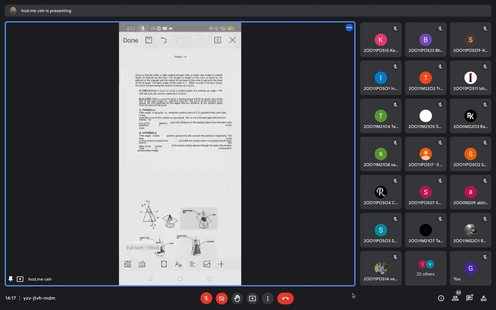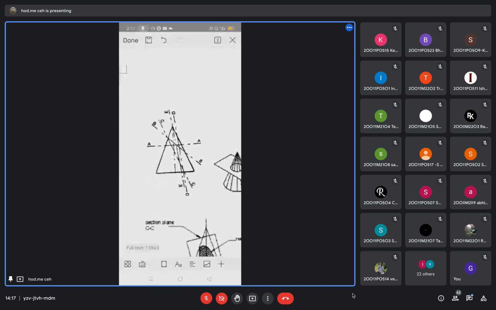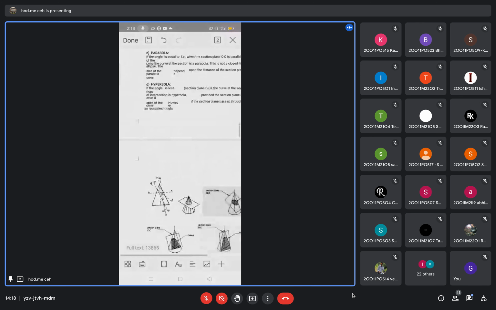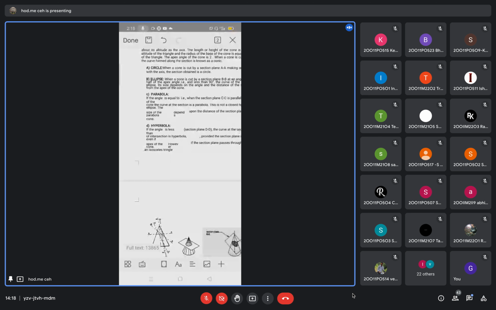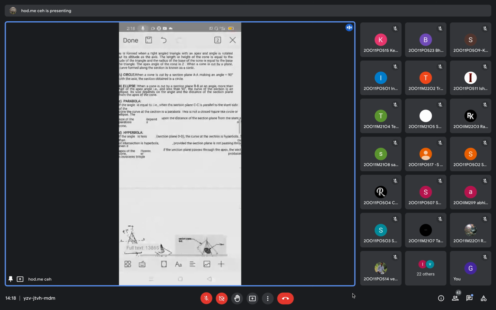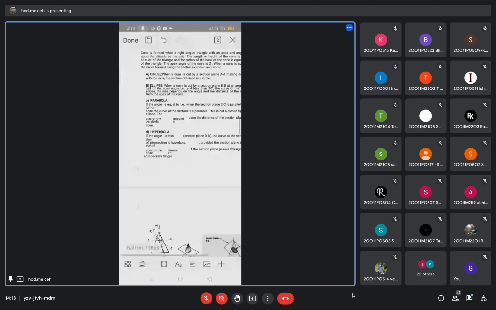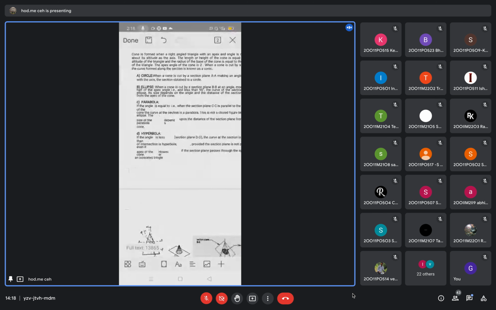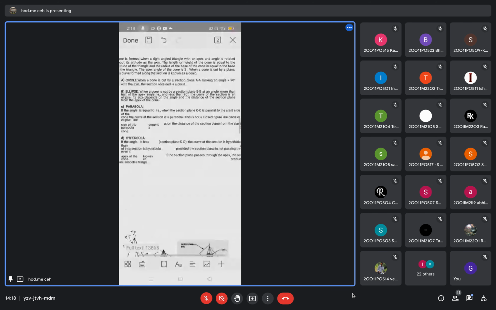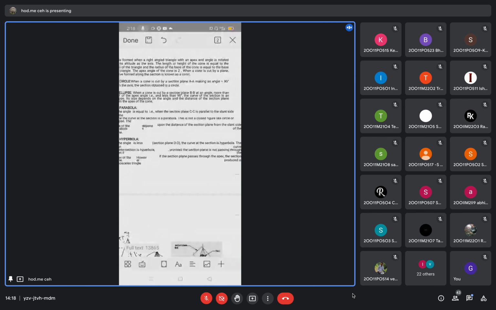Okay, see the diagram. CC is parallel to the slant side of the cone, and the curve of the section is a parabola. This is not a closed curve.